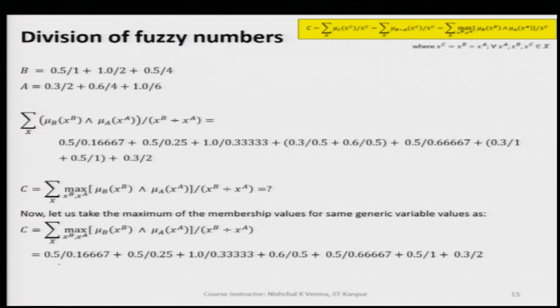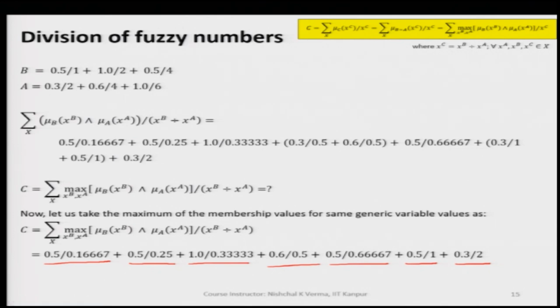So, we see that we are getting 0.5 by 0.16667, similarly 0.5 by 0.25, then we get 1.0 by 0.333, and then we get 0.6 by 0.5, then we get here 0.5 by 0.6667, here we get another term which is 0.5 by 1, and then we get 0.3 by 2.